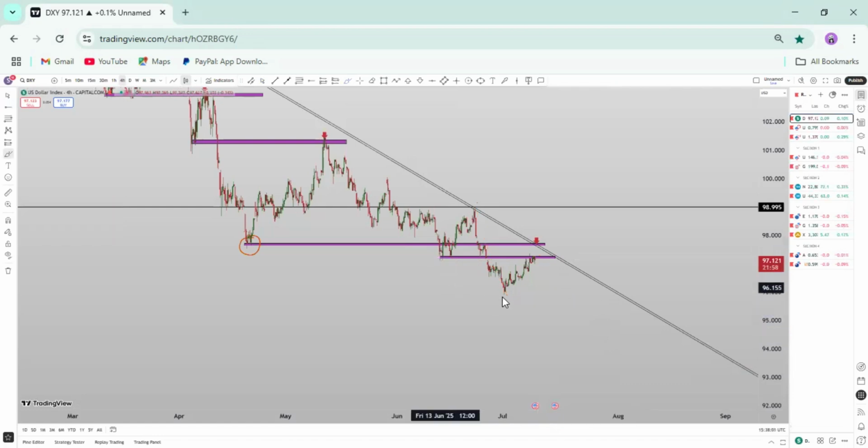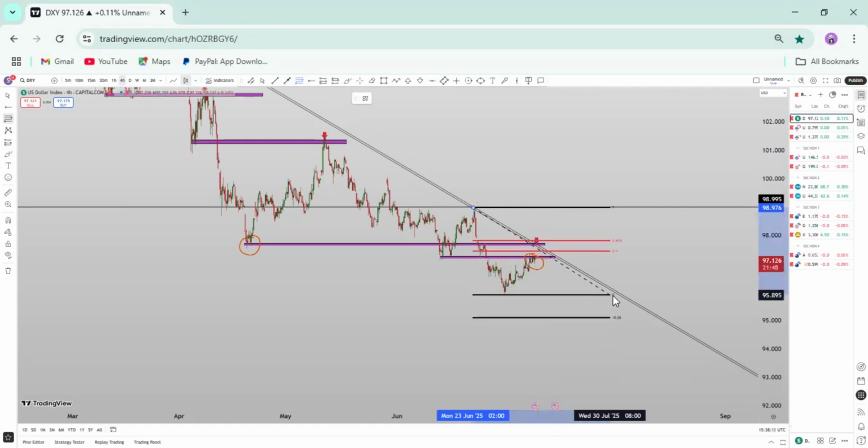Now, one thing I have to realize is this. For me to distinguish if this is the main support area, I will use something called a fib level from that area to that area. Now, as you can see clearly, the market is not yet exactly at my fib level.